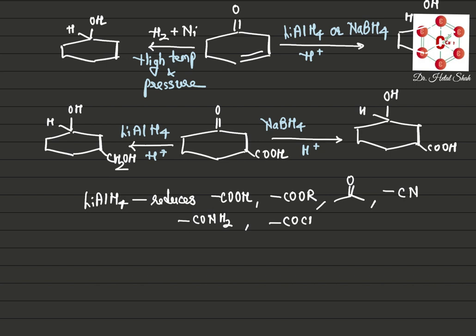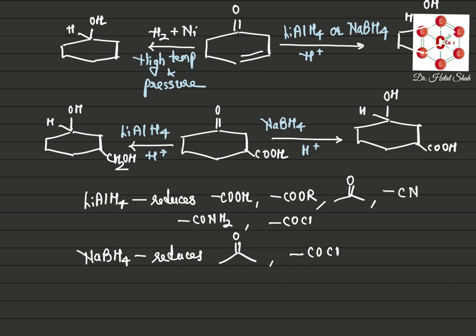But talk about NaBH4. It mainly reduces aldehydes or ketones and acid chlorides, COCl. These are the two groups which are primarily reduced by sodium borohydride.